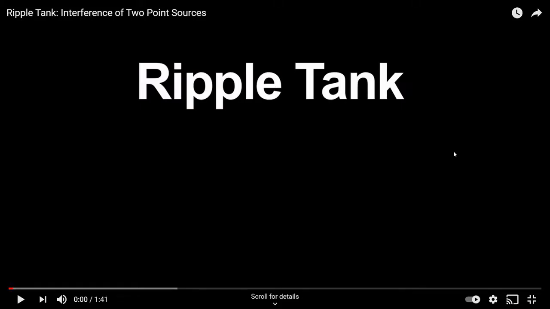The ripple tank is the classic physics demonstration of this phenomenon called interference in 2 dimensions. We've already looked at a simulated ripple tank from the Falstad site. Here's the real thing.